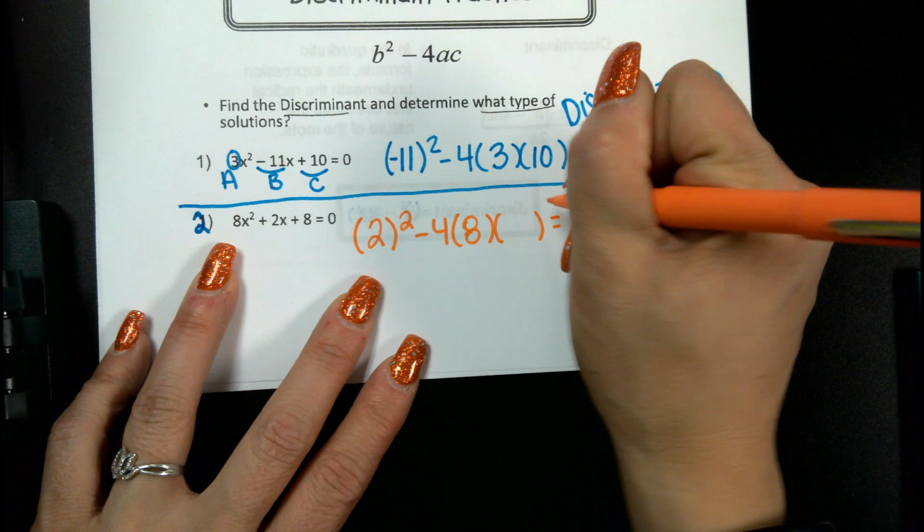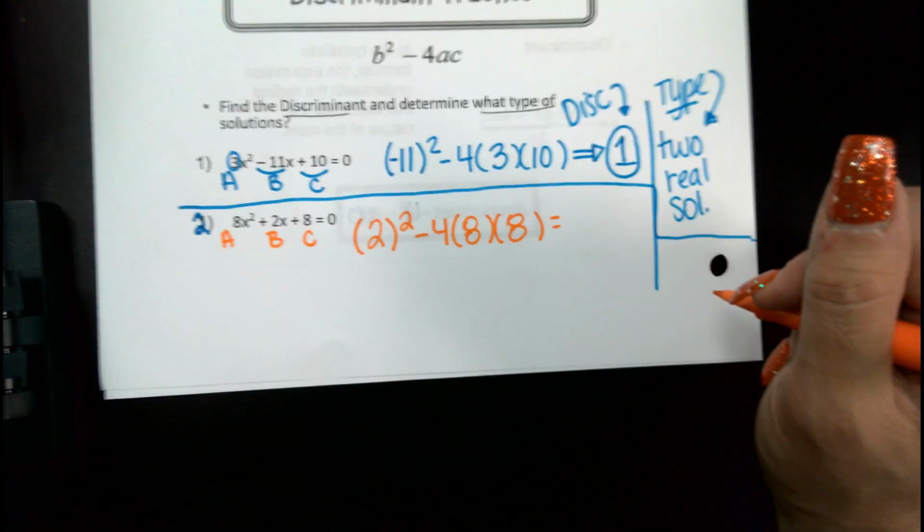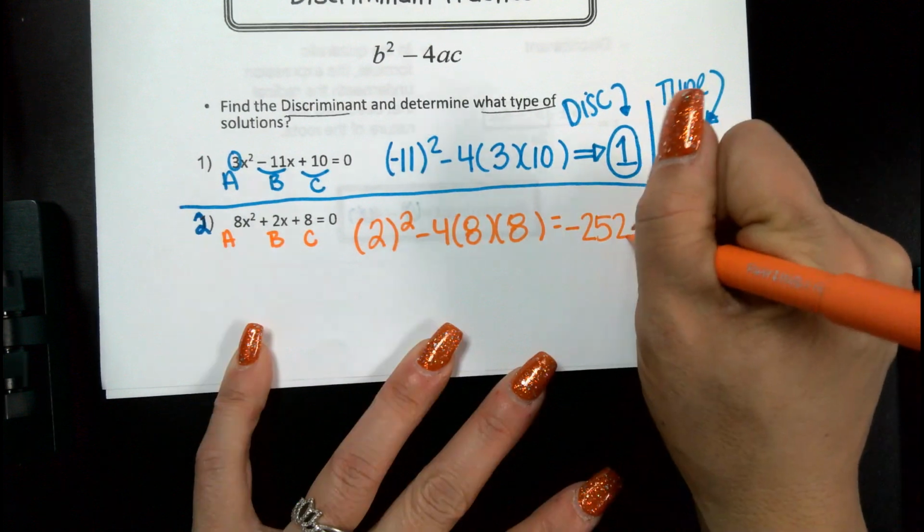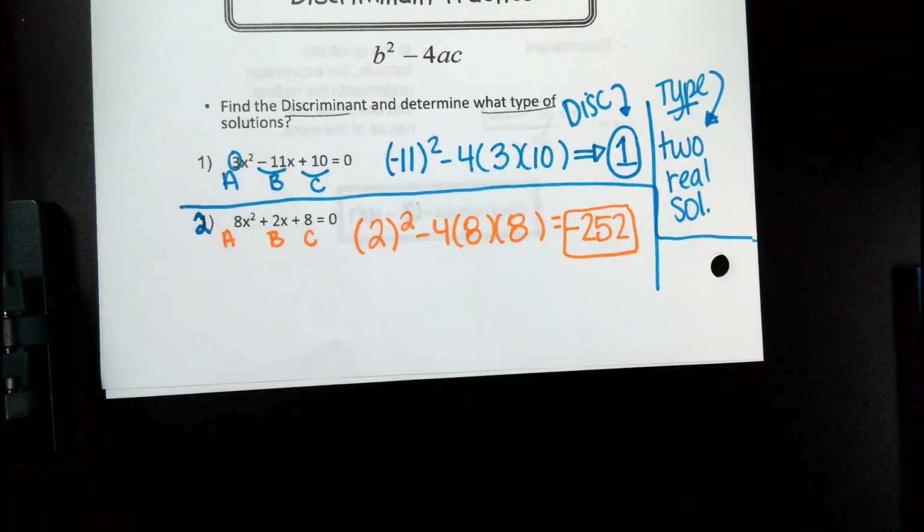Yep. So A, B, C. Okay, once you have that on your paper, then it's just negative 252. Now type it in. Do you get that?